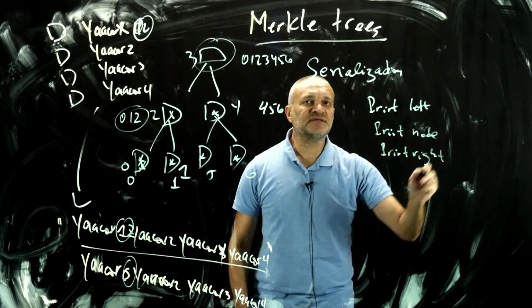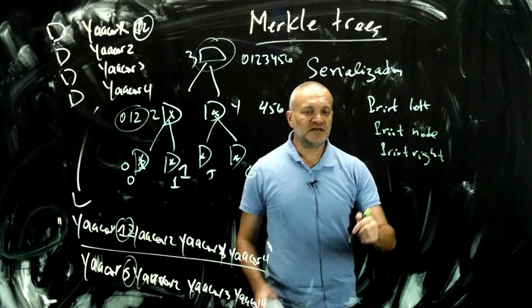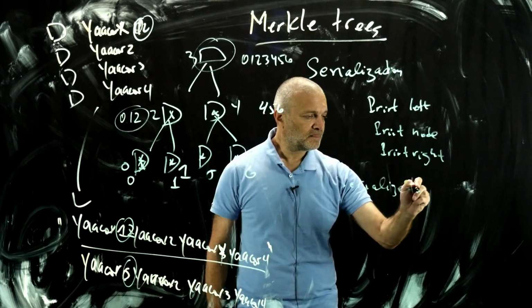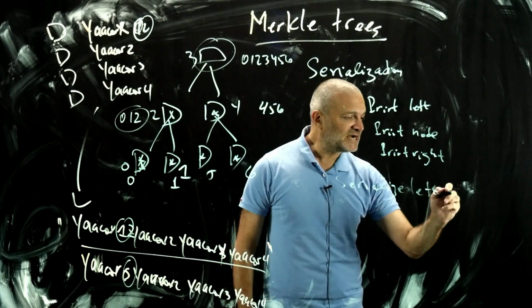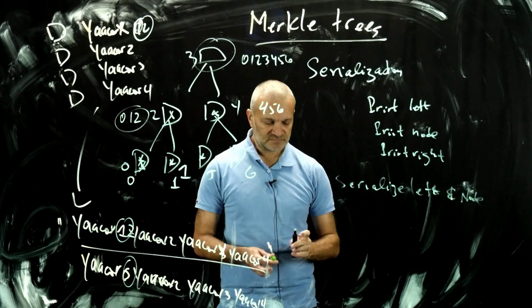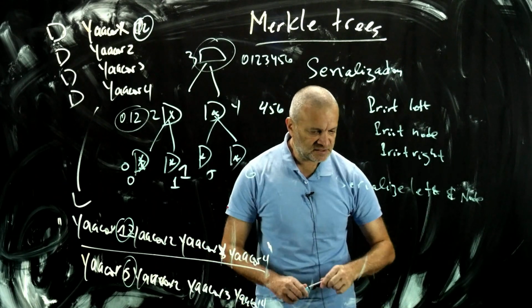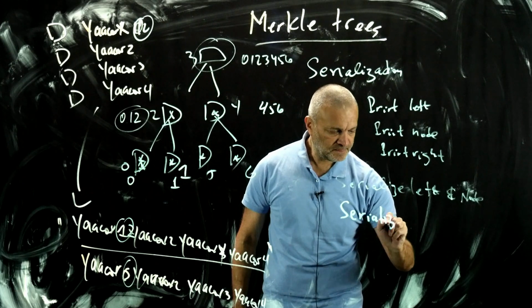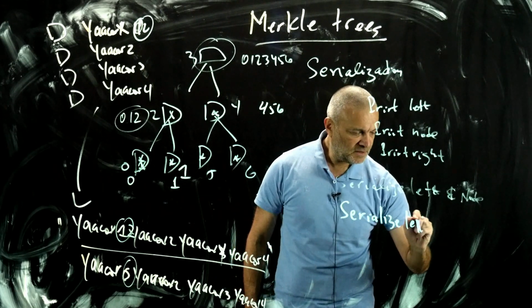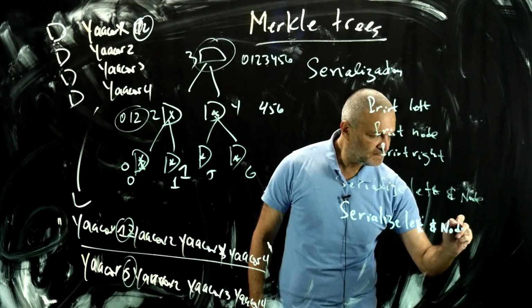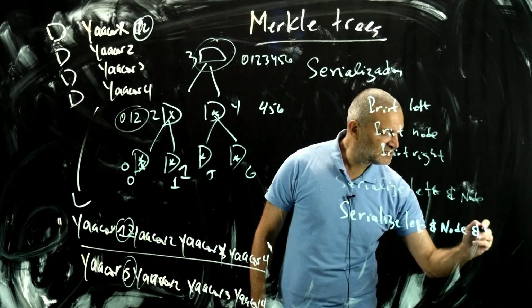So when you want to serialize, you can say: serialize left, concatenate with node value, and then concatenate serialize right.